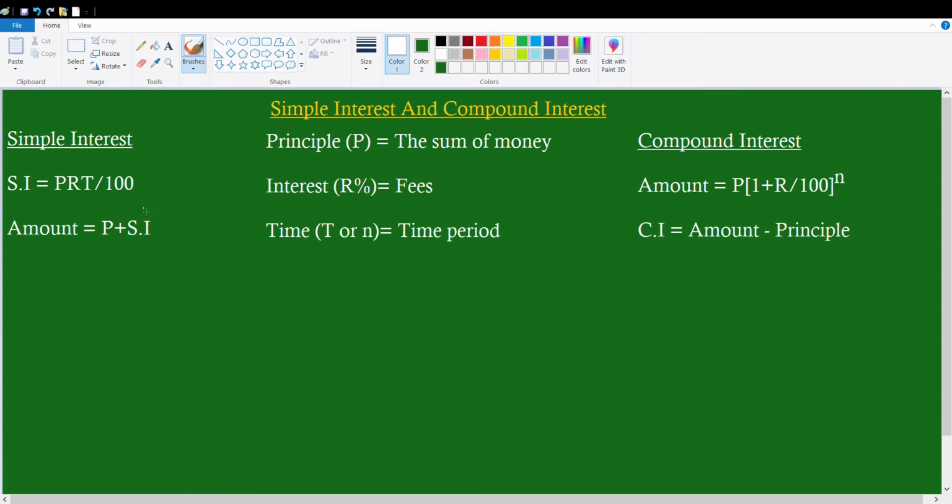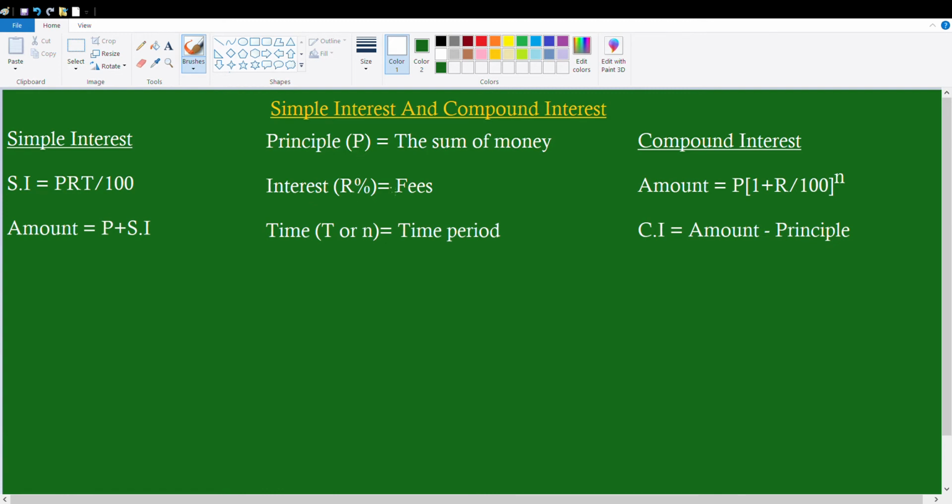First, I will explain what is P, R and T here. P is the principal. Principal means the sum of money which is borrowed or lent out for a certain period of time. So, the borrowed money is called the principal, which is denoted by the letter P. Next is interest.